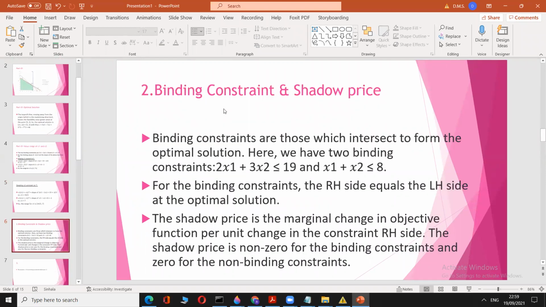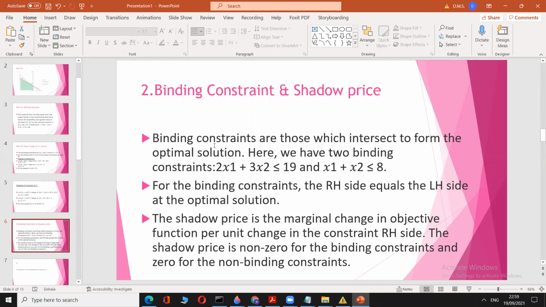The definition of binding constraints: you can easily consider the binding constraints as the ones that belong to the optimal solution. That means your constraint lines are intersecting at one position.